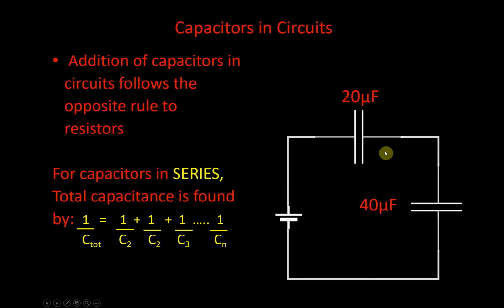These are capacitors that are in series. So the electricity comes out of this battery and has to travel through this capacitor and then subsequently through this capacitor. There's only one path for the electricity to travel through, and it must provide the same voltage to the 20 and 40 microfarad capacitor respectively.